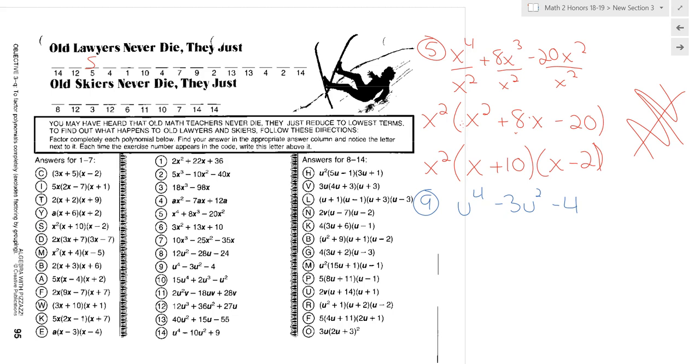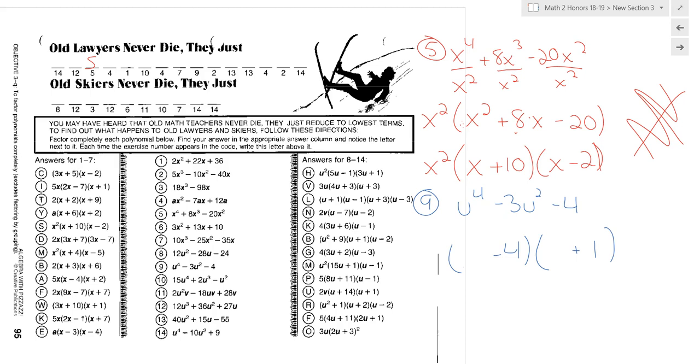This is an odd one because it's usually the 4th, then u squared, and this is when you kind of have to pay attention to your exponents. Usually it's u squared, then u. But with something like this, I'm going to factor it normally. I'm going to find my two numbers, and what changes is what goes here. What multiplies to negative 4 adds to negative 3? So that's negative 4 and positive 1. Okay. And what goes here?